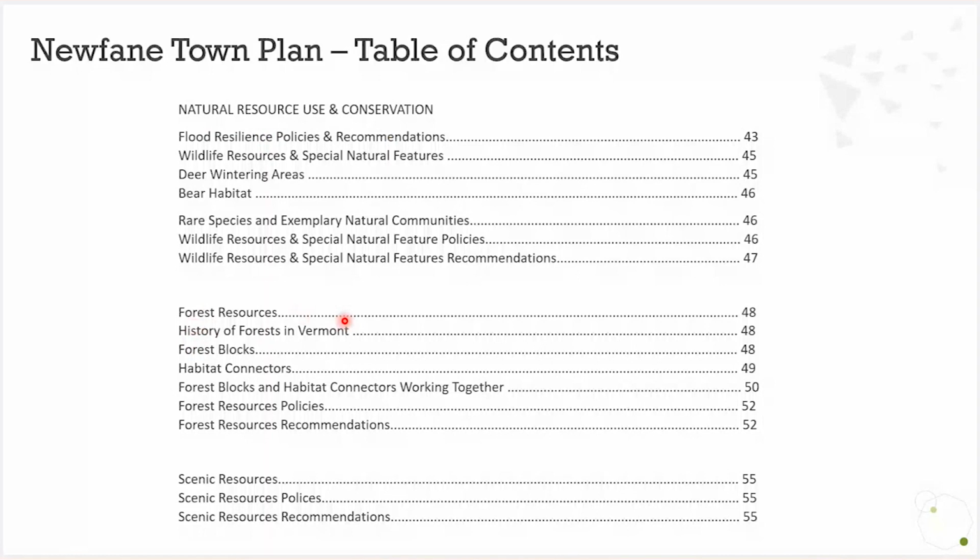There's a separate forest resource section and a scenic resource section. So there is quite a lot of text in the town plan that speaks to these issues. And of course, we want to remind you all to make sure issues like this get into a variety of different parts of the town plan, not just the natural resource section, but the transportation section and land use section too.